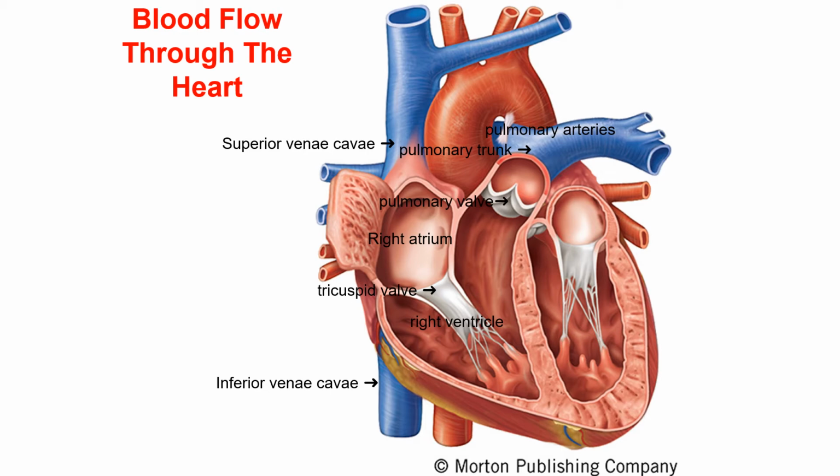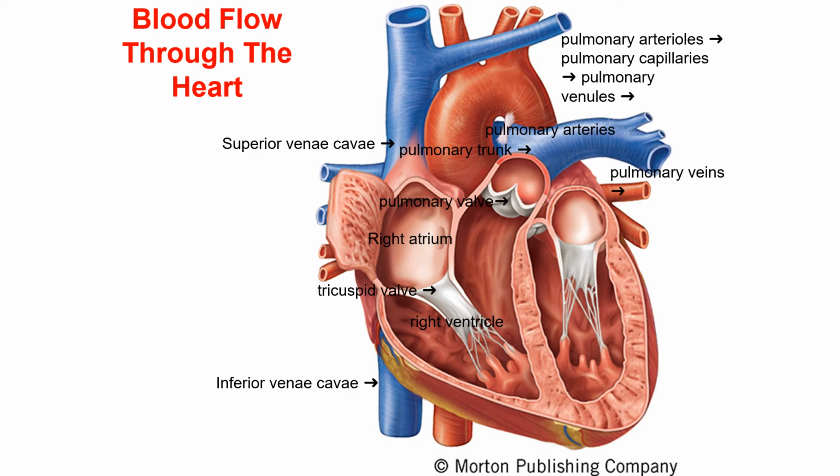So once we go through the pulmonary arteries, we're going to go through the pulmonary arterioles and the pulmonary capillaries, and then the pulmonary venules, and then we're going to come back to the heart. Because we went through those capillaries, we picked up that oxygen, we dropped off that CO2, and then we're going to come back to the heart through the pulmonary veins. Notice the pulmonary veins, we have them on both sides here.